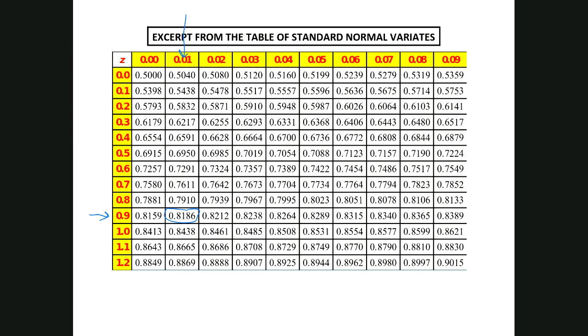Okay. And then we're going to calculate. We know that the value that we want to find is 1 minus this 0.8186, which is equal to 0.1814.